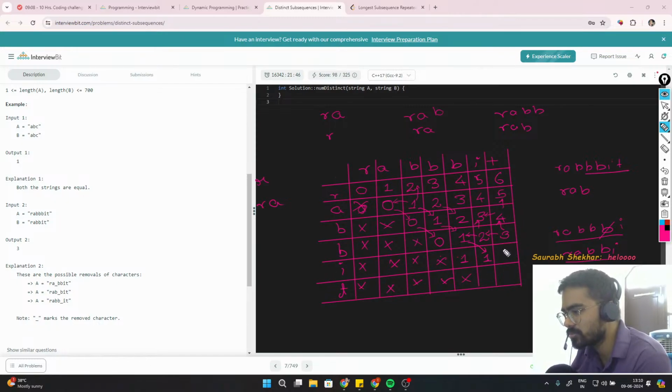They did not match. T and I did not match. The R A B B B I. It is R A B B I T. It is saying remove only one.